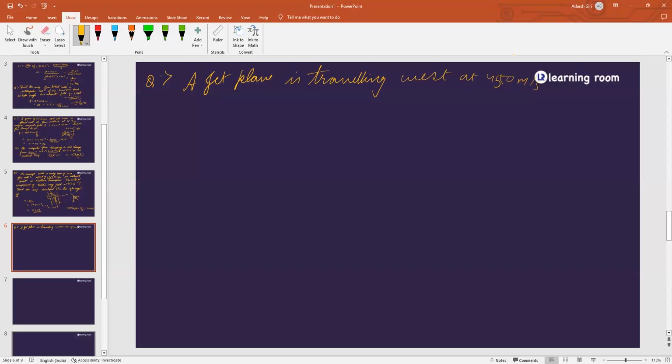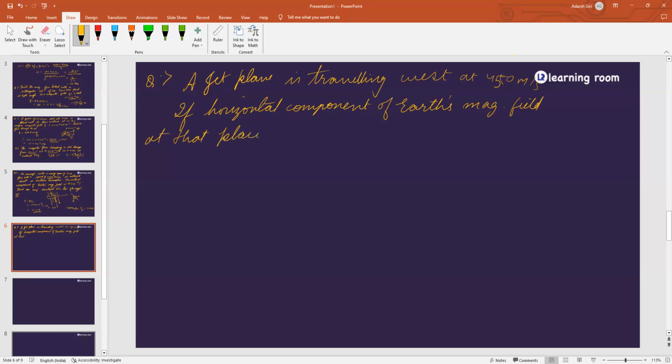If the horizontal component of Earth's magnetic field at that place is 4 into 10 to the power minus 4 Tesla, and the angle of dip is 30 degrees, find the EMF.